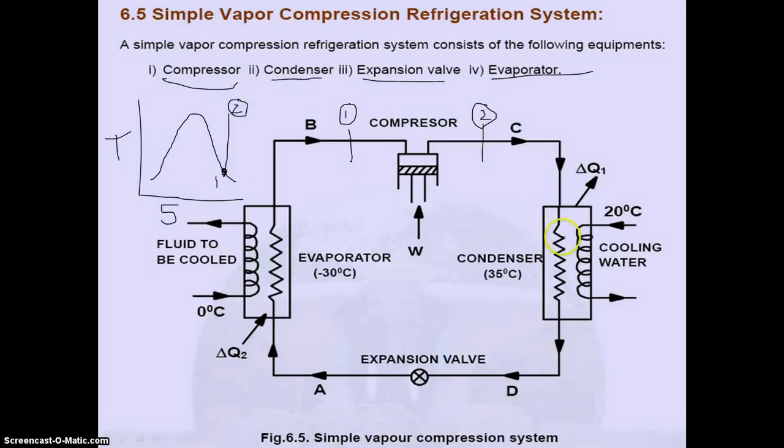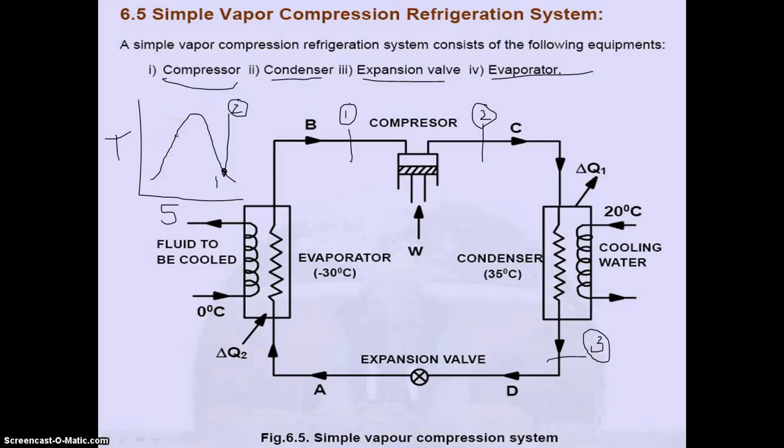But after the condenser, the state of the refrigerant is completely liquid. So point 3 is lying at the outlet of the condenser. So I need to put this point 3 on the liquid line.